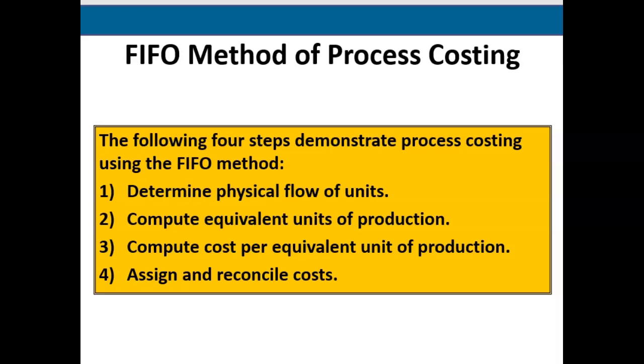Determine the physical flow of units, compute equivalent units of production, compute cost per equivalent unit of production, and assign and reconcile costs. In each step, we will demonstrate the process costing using FIFO. FIFO assigns costs to units, assuming a first in, first out flow of product. And we'll look at how this affects the process costing system.